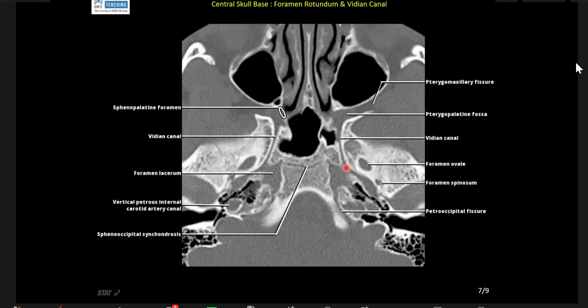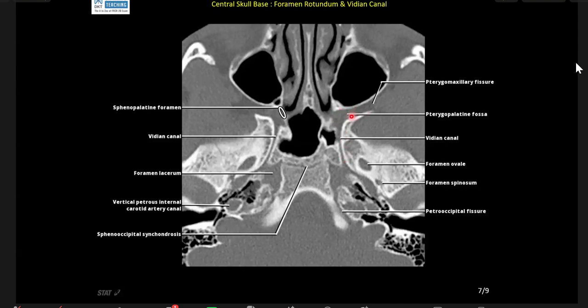As we go inferior, do you see that the sphenoid sinuses are now more or less finishing? We are at the base of the sphenoid sinus. And here there is this canal, which is the Vidian canal. This is the Vidian canal, and it opens into the pterygopalatine fossa.